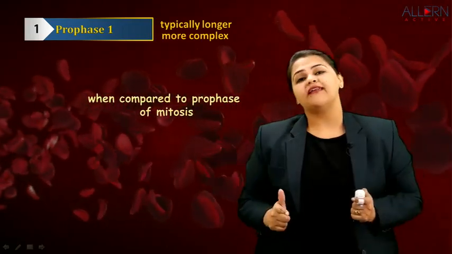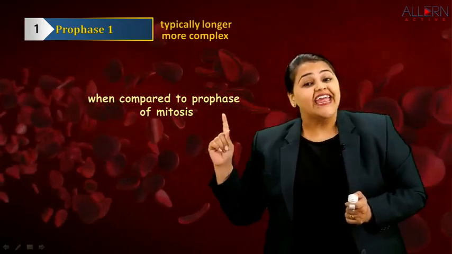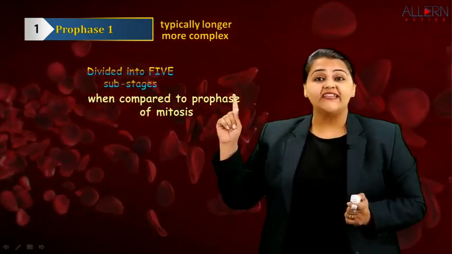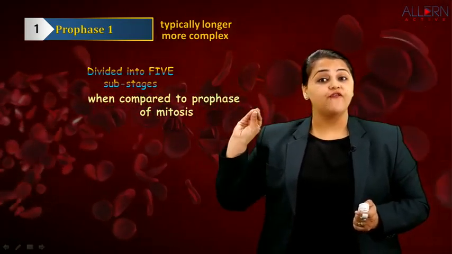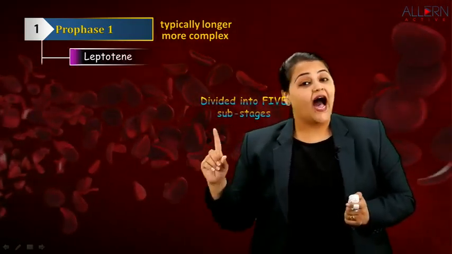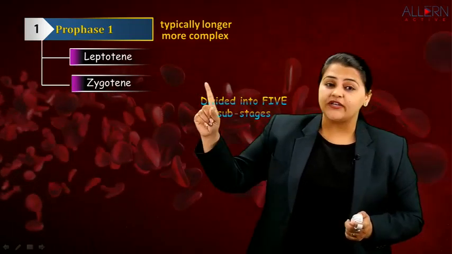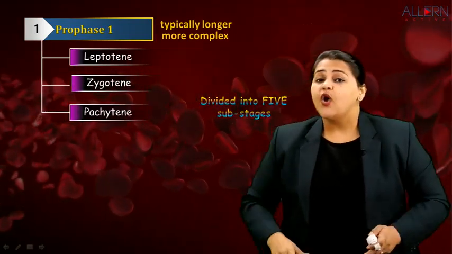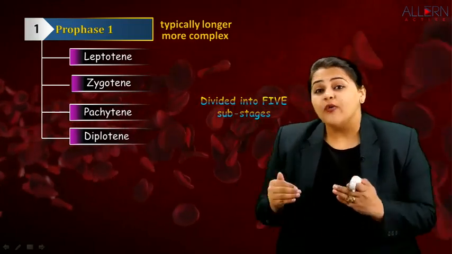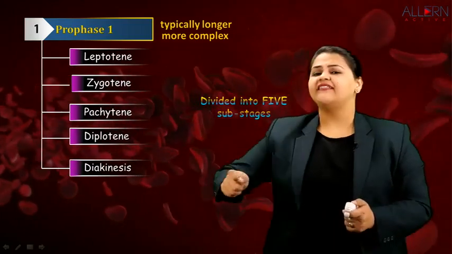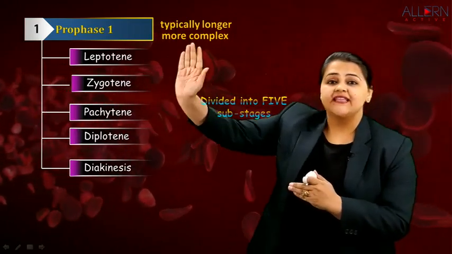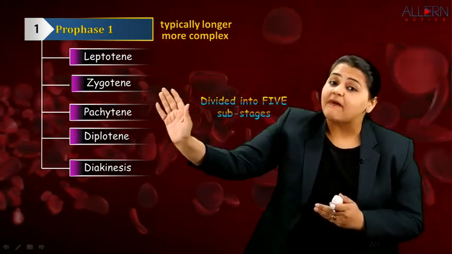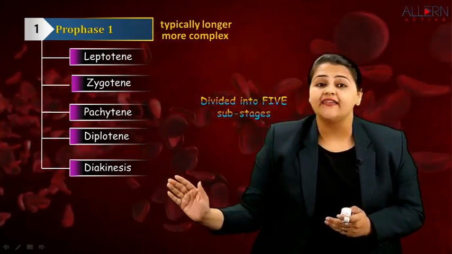When you are comparing the prophase to the mitosis, it is going to be very, very different. This prophase itself is divided into 5 substages: leptotene, zygotene, pachytene, diplotene, and in the end we have diakinesis.